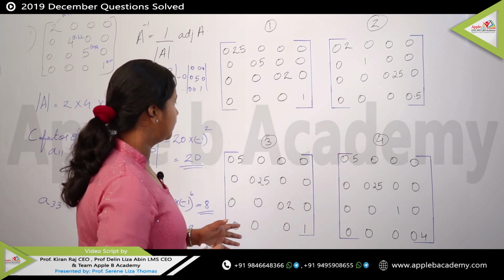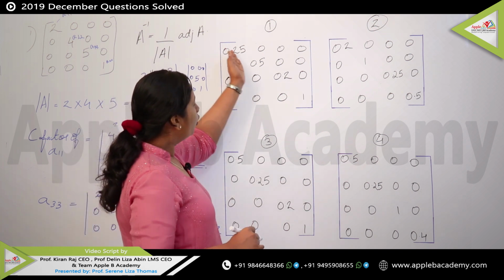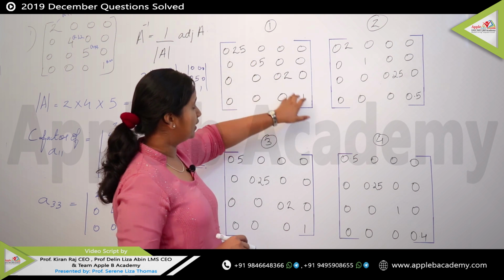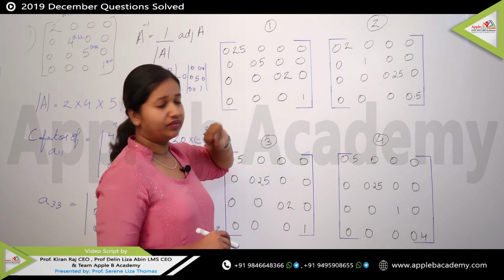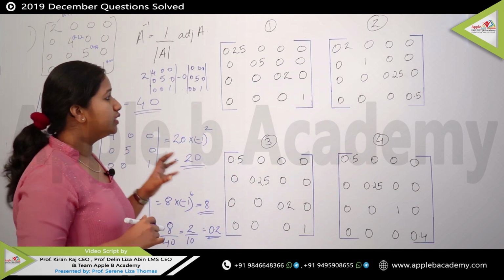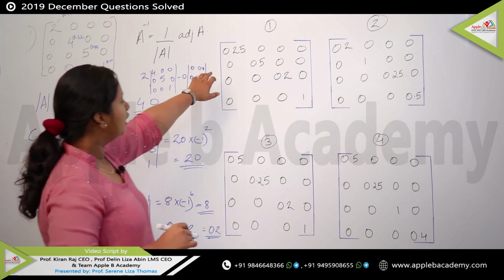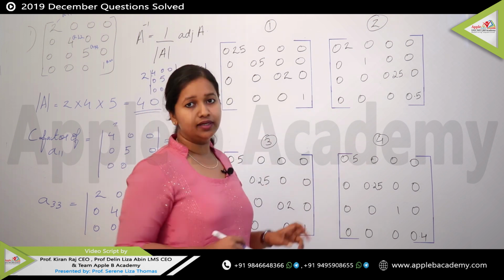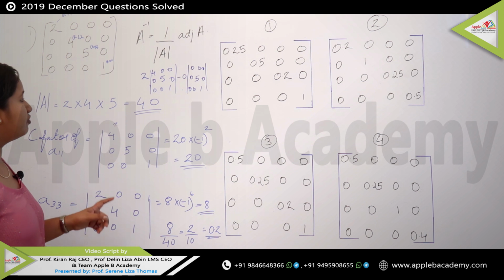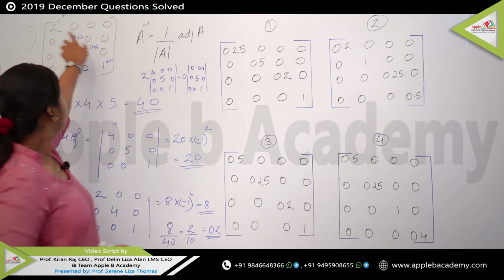If you look at the options, non-zero numbers are present only in the principal diagonal. Other elements are 0. So we just need to find the cofactor of the principal diagonal elements in order to find the answer to this question. First we will find the cofactor of A11.